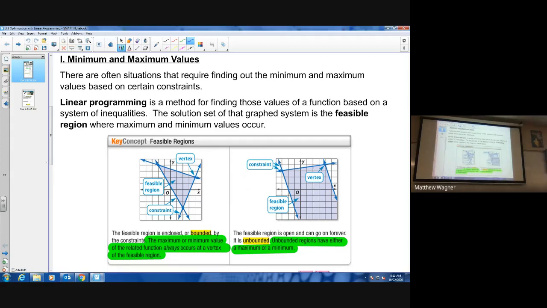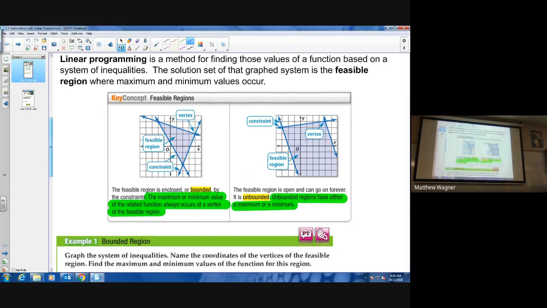So linear programming is a method for finding the max or minimum value given specific constraints, okay? Looking at these two situations, these are two situations that it could occur. Our constraints are the lines. Those are the limitations.